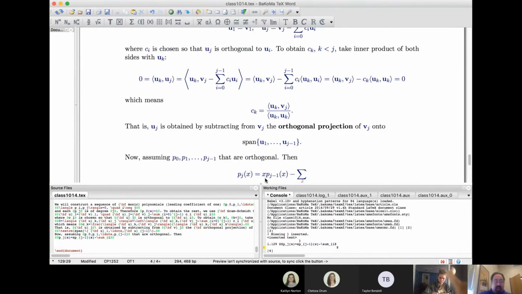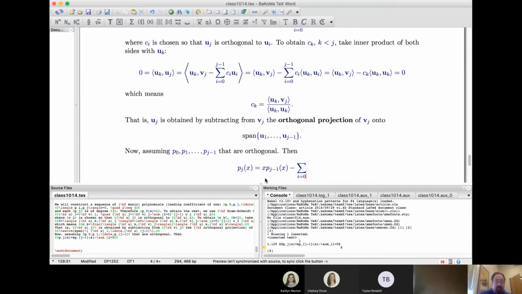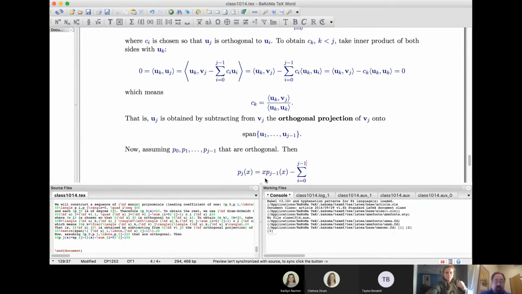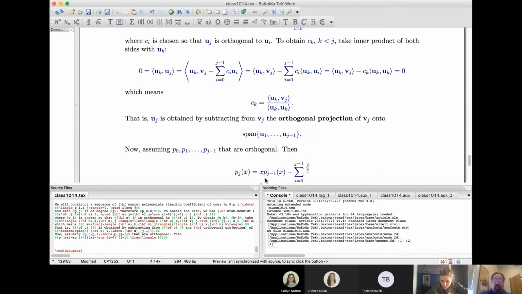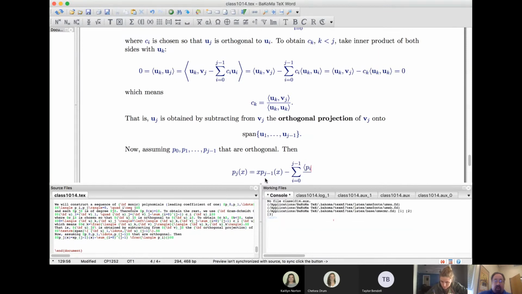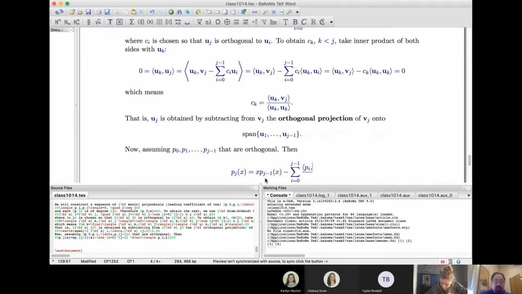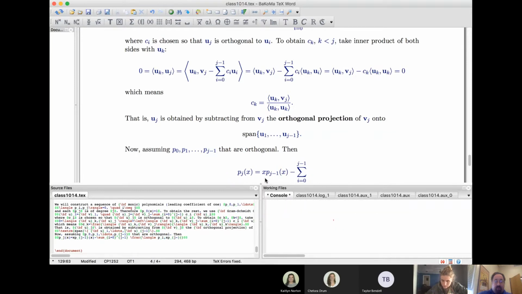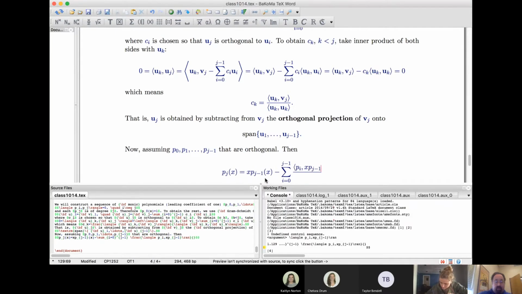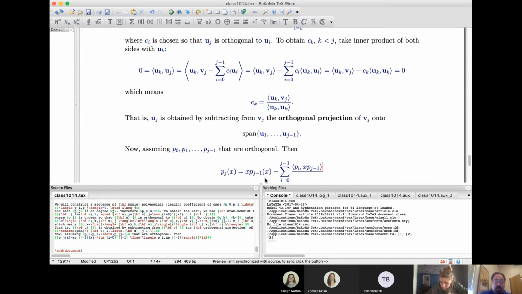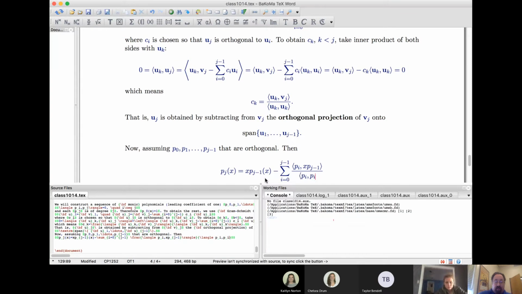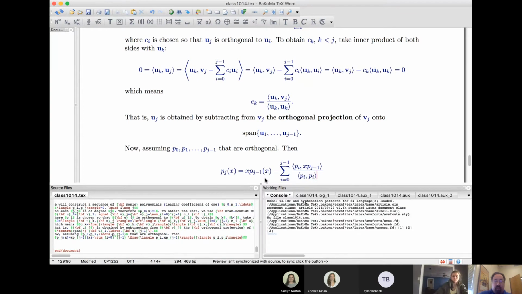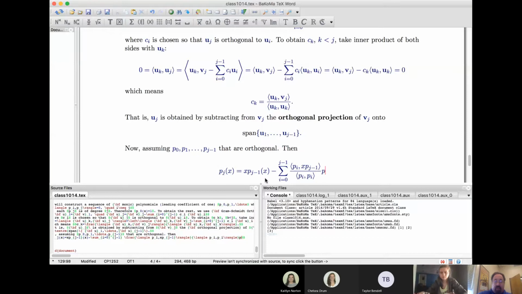Then I have a sum like before of these ratios of inner products: the inner product of pi with x pj minus 1, over the inner product of pi with pi, all multiplied by pi of x.